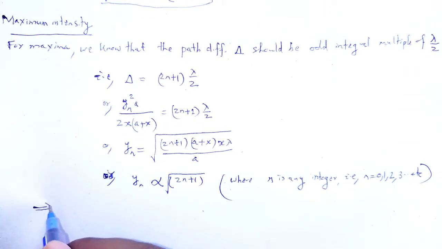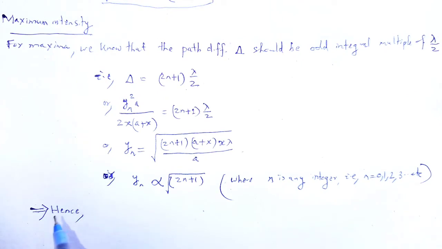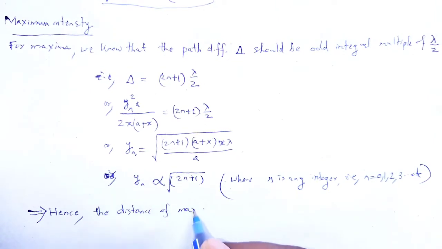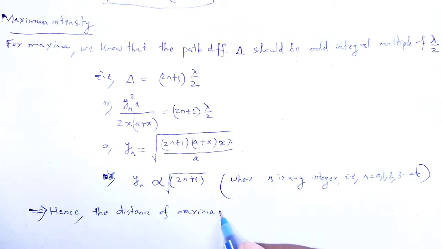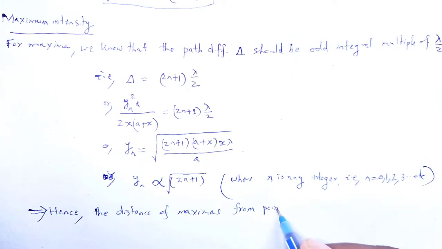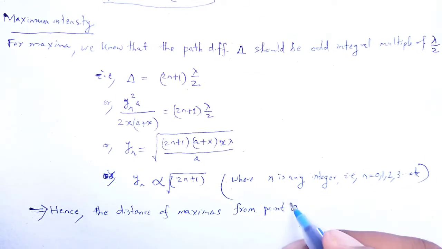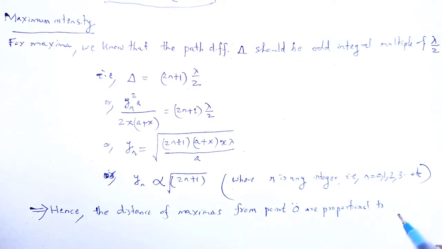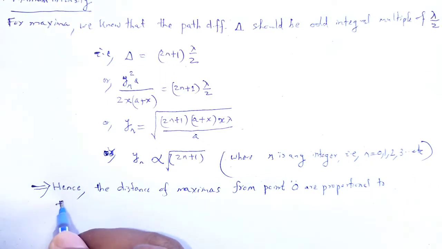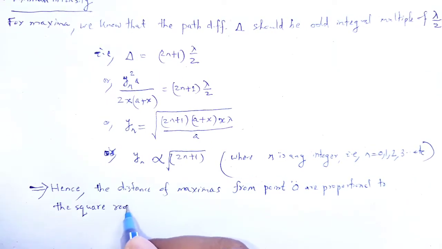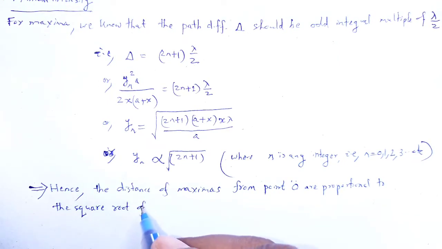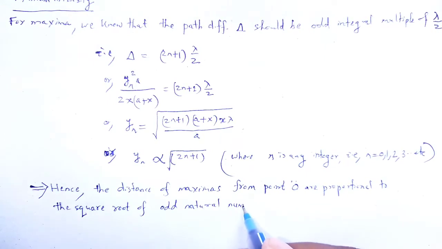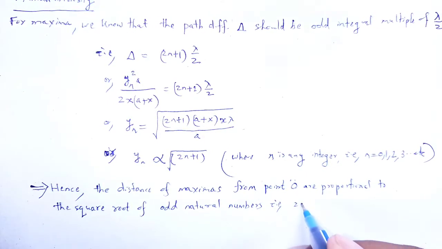Hence the distance of maximas from point O are proportional to the square root of odd natural numbers, that is under root of (2n plus 1).